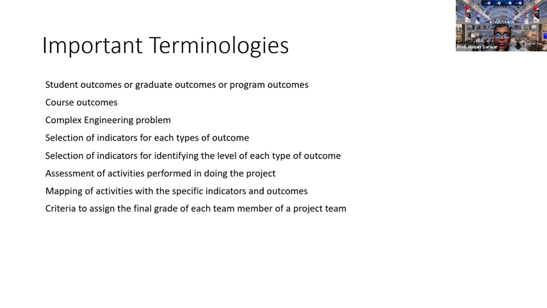So these are some terminologies, or rather some concepts, that we need to know if we want to integrate the whole bits and pieces of information into a full framework.